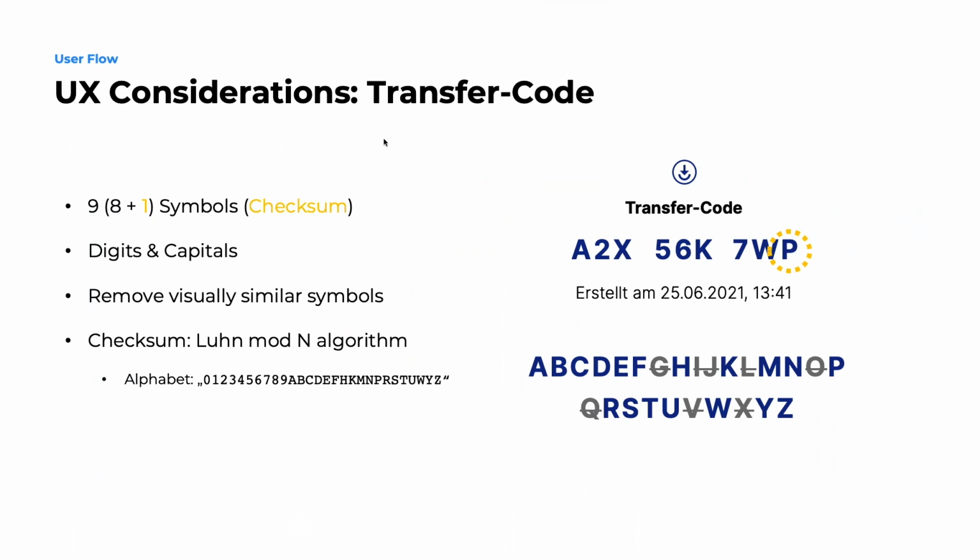What we're trying to solve here is when someone writes down this transfer code on a piece of paper and then later has to read it again, it's sometimes hard to read these illegible letters and get it right. So we removed characters which look similar. We put a checksum at the end so that it can be verified already when entering the system.